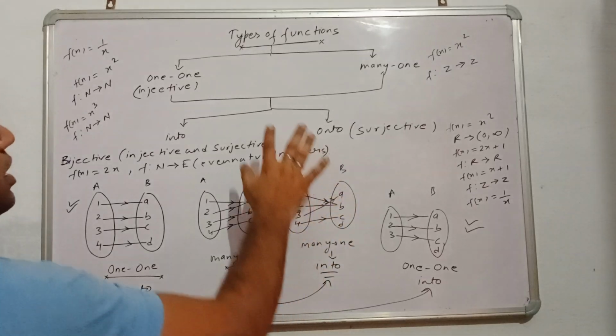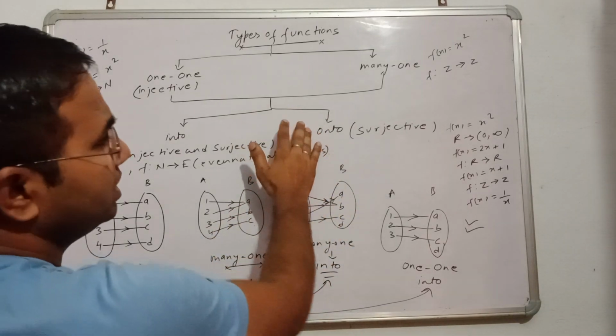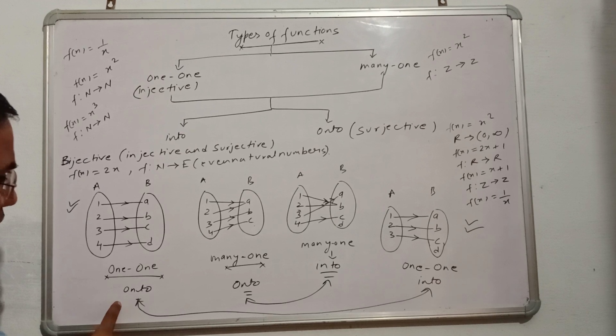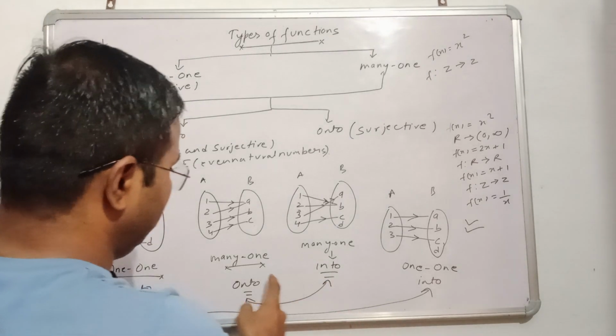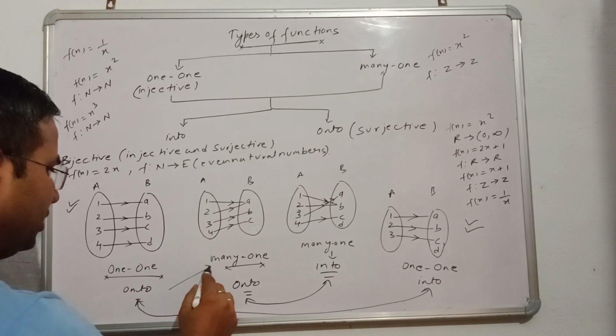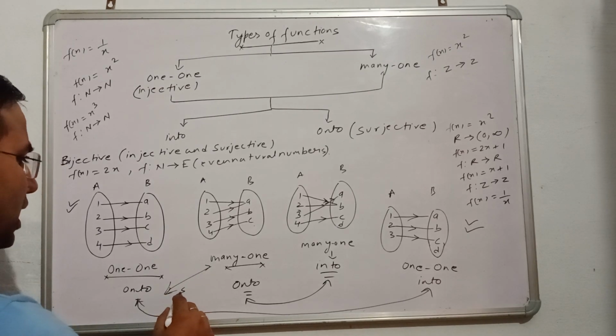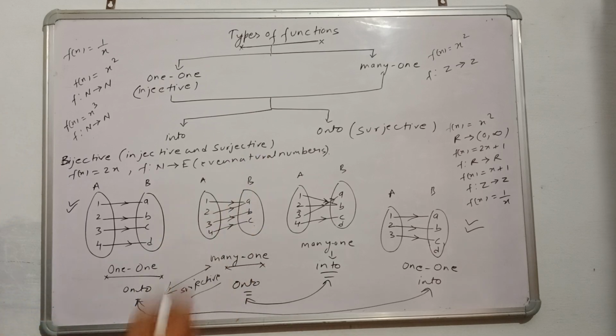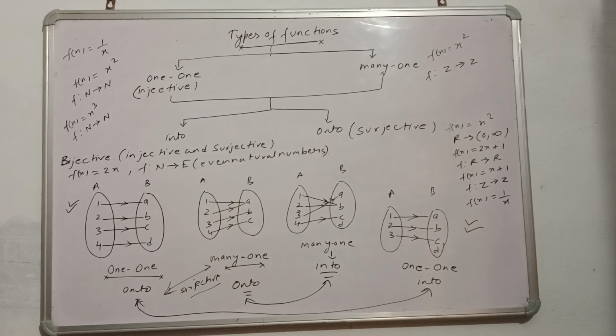Now see, if any function is onto, suppose this is one-one onto and many-one onto, then both can be called surjective. If this is the condition.